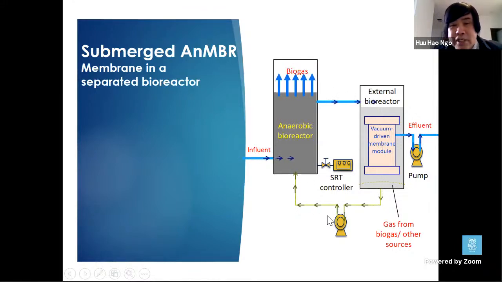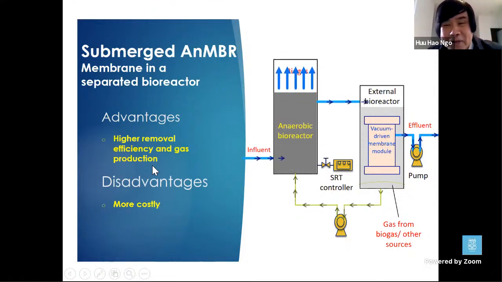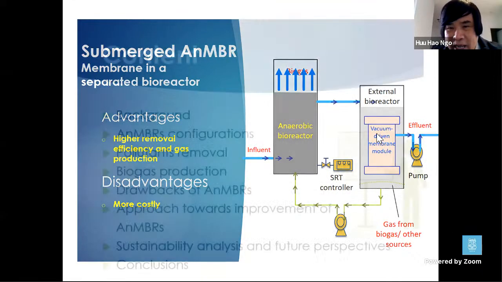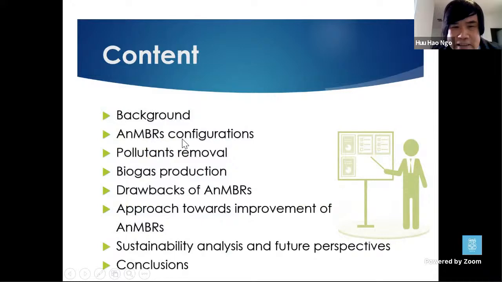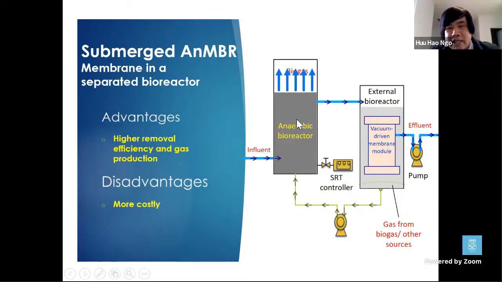All right. So this one, of course, when we see that, we are very happy because of what? Higher removal efficiency and gas production. Because it's double, think about it. So that means gas here, and gas here, and also the efficiency is much better.